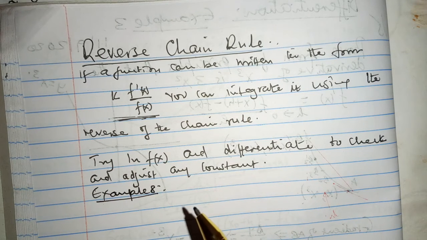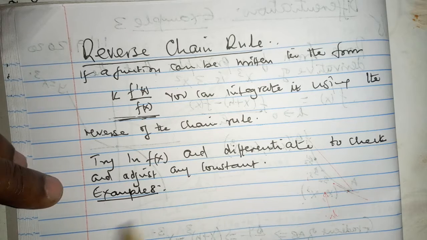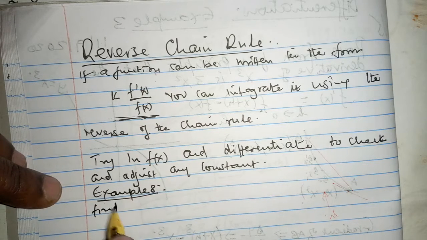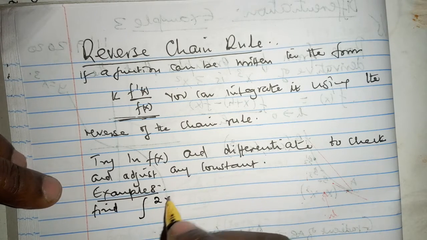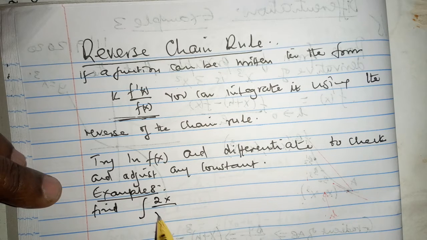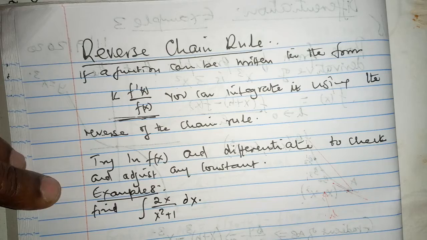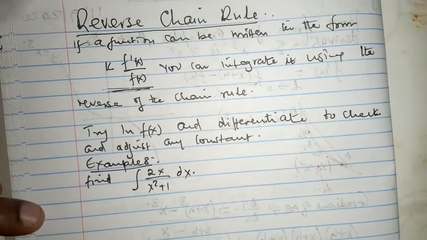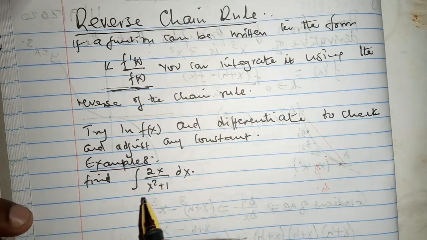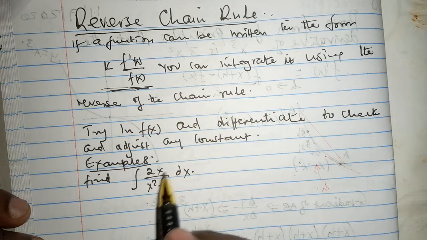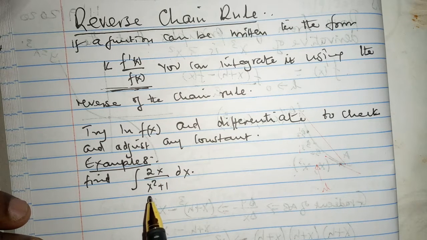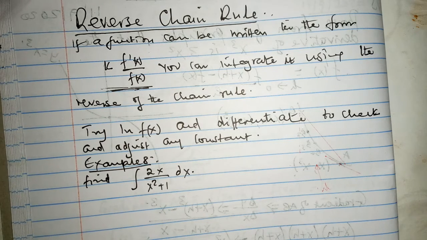Example 8 on page 153, we are told to find the integral of 2x all over x squared plus 1 with respect to x. Now, who cannot see that the numerator, which is 2x, is a derivative of the denominator, which is x squared plus 1? We all know that.